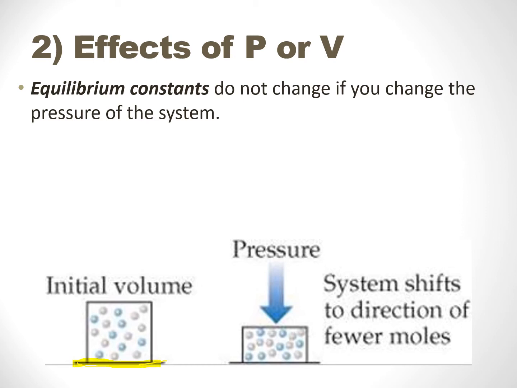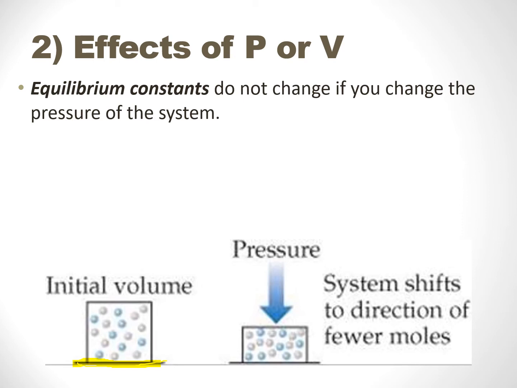This is the initial volume, and you are increasing the pressure by compressing the gas. If you're doubling the pressure, according to Boyle's law, the volume is going to be half. So that means the concentration is going to double. The concentration of everything, products and reactants.